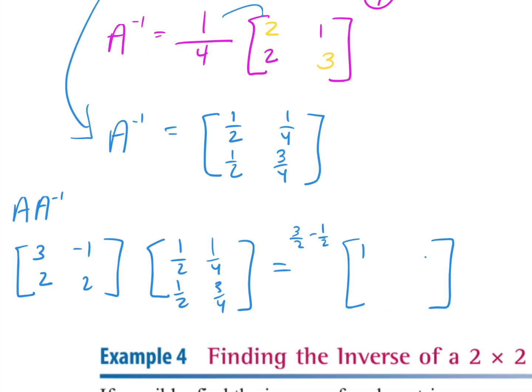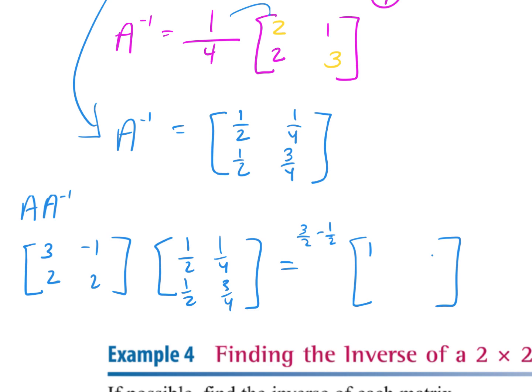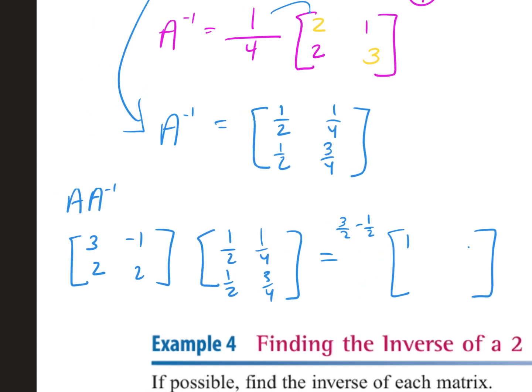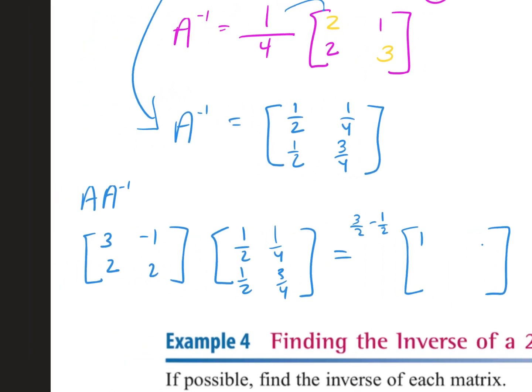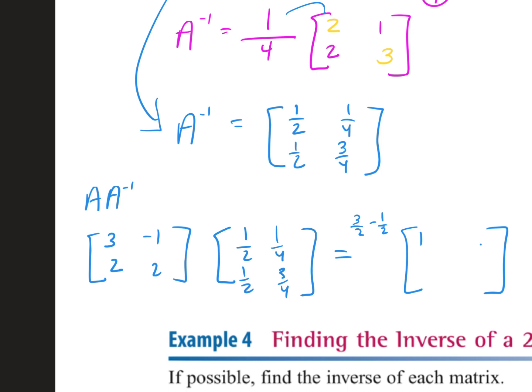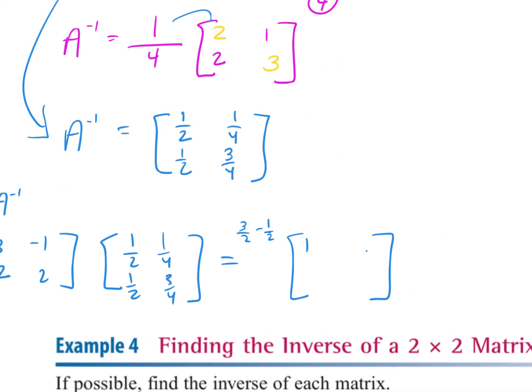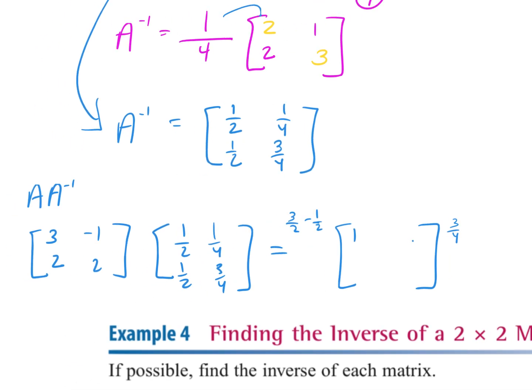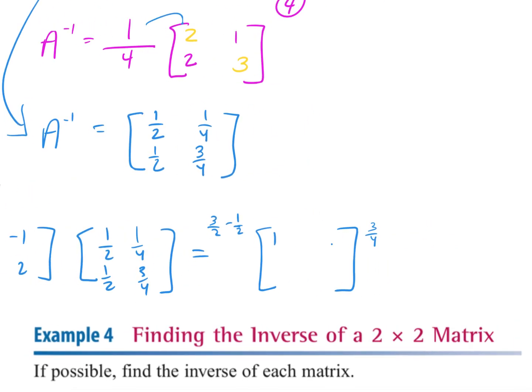So now I'm going to find this piece here, first row, second column. So 3 times 1/4, so 3/4. And then I have negative 1 times 3/4, so minus 3/4. What's 3/4 minus 3/4? 0, okay.